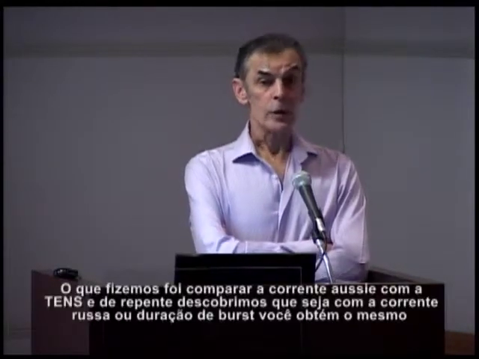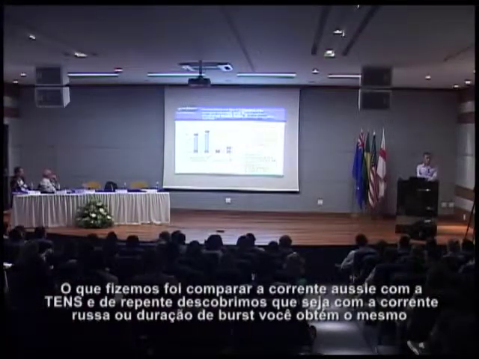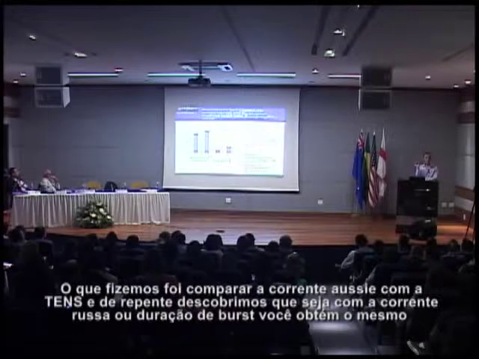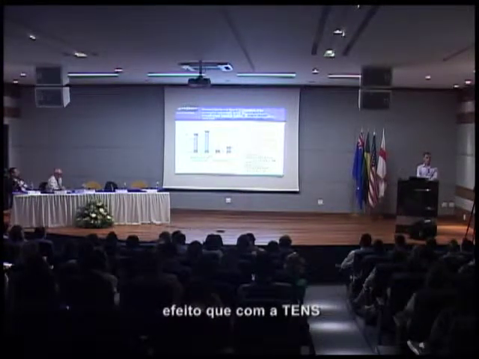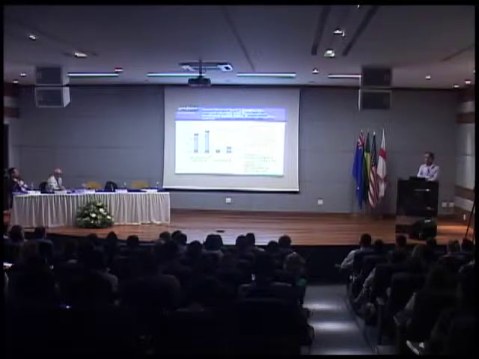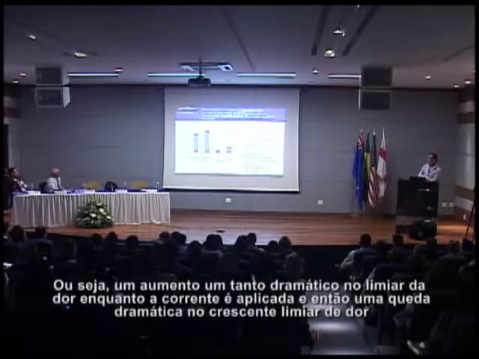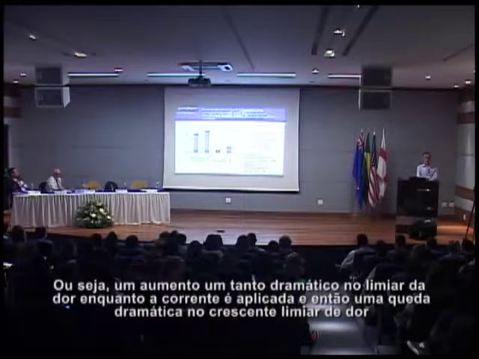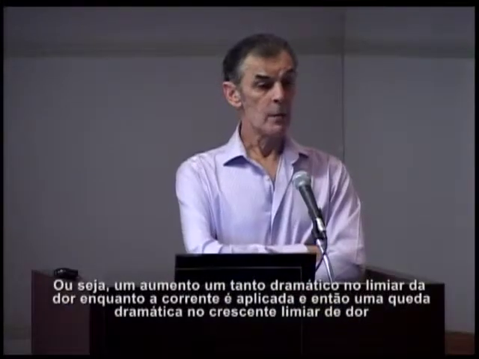So we compared Aussie currents and TENS, and all of a sudden we found that with the Aussie currents and the shorter burst duration, you get pretty much the same effect as with the TENS. That is a quite dramatic increase in the pain threshold while the current is being applied, and then a dramatic drop in the increase in pain threshold immediately after the intervention.